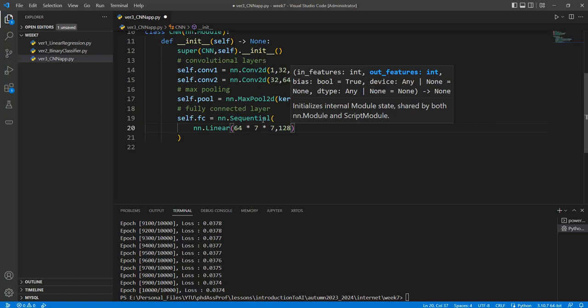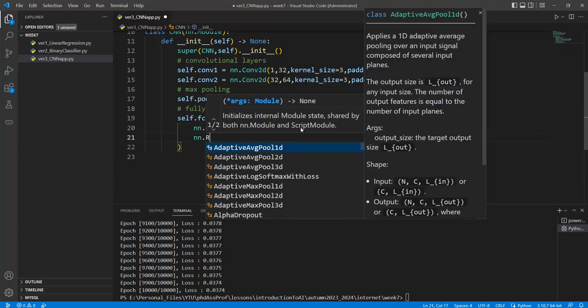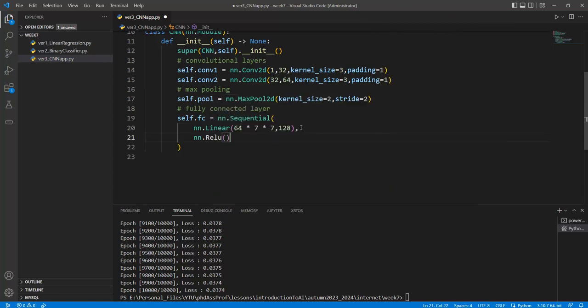Okay, this 64 is coming from this term, 7 and 7 is the flattened output parameters for the convolutional layer. And after that, we can give the nn.ReLU, rectifier unit.